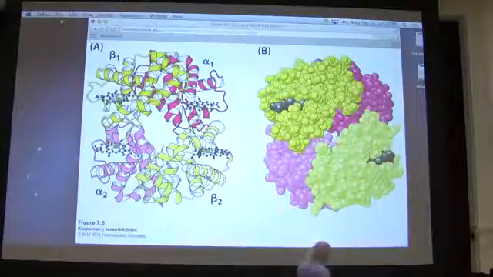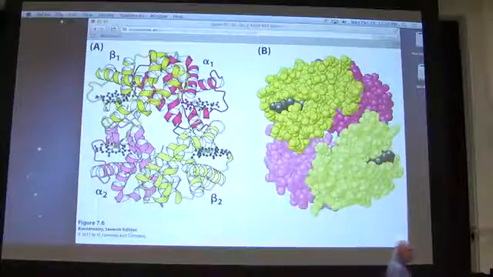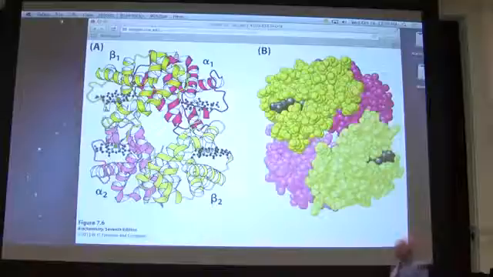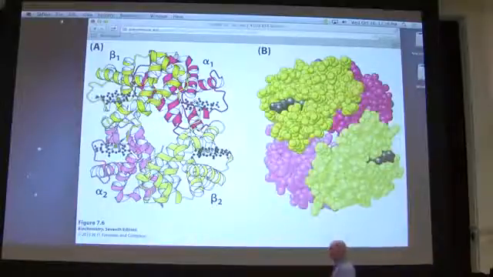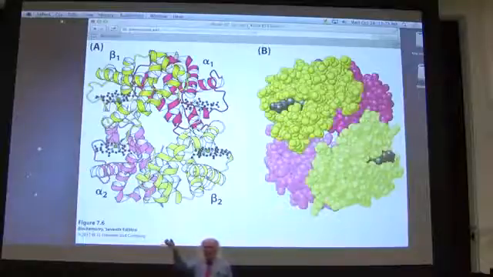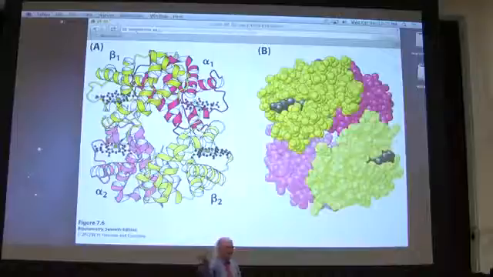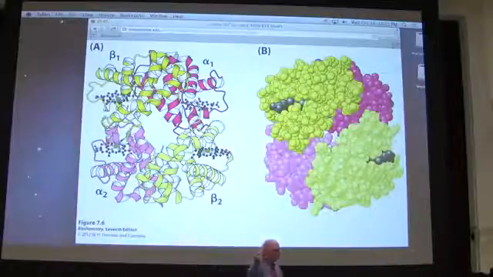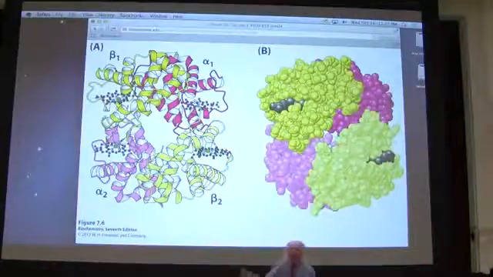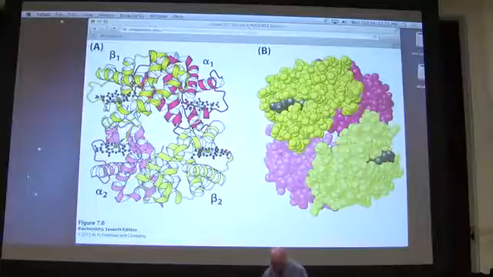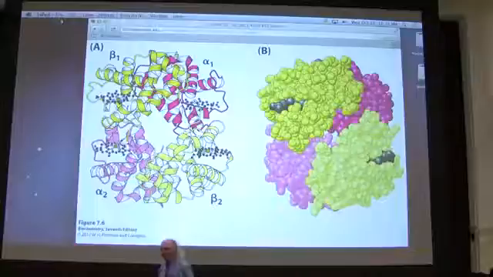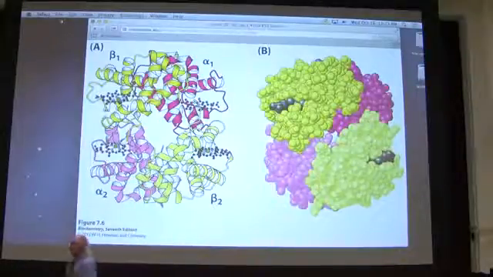Eventually, one of the hemes in this hemoglobin bound to an oxygen. And when this heme bound to an oxygen, that iron atom got changed, moving 0.4 angstroms. So what? Well, the iron atom was attached to a histidine. And the histidine was attached to another amino acid, which was attached to another amino acid, which was attached to another amino acid.